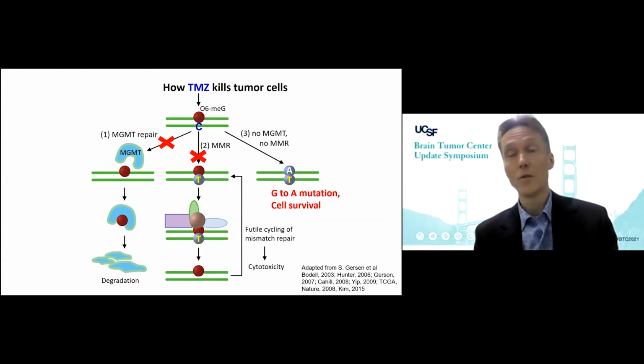It can induce new mutations, and very specifically a G2A mutation in the tumor. However, we have not really been concerned about this aspect because most low-grade gliomas do not have a mismatch repair defect. They have intact mismatch repair.